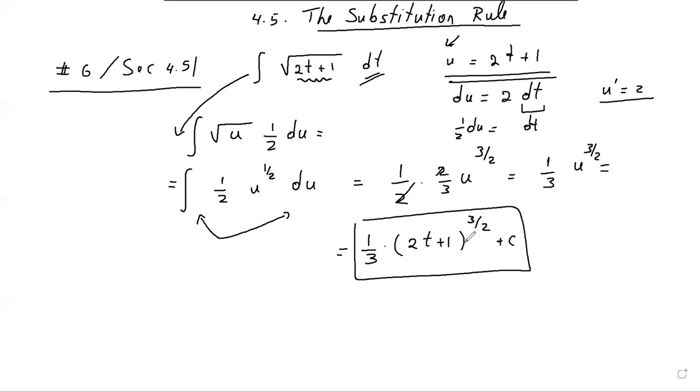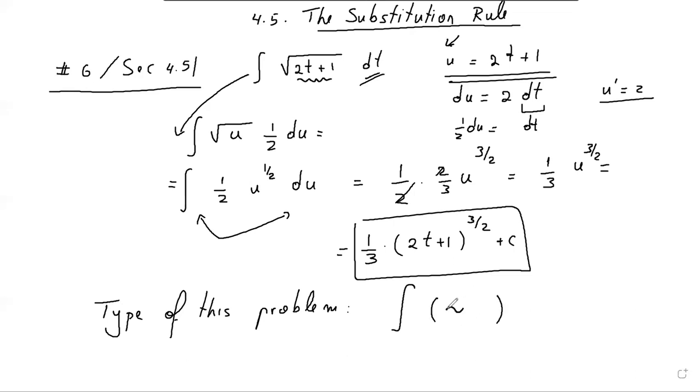All right, and now this being the necessary review, let's take a look at what happens here. So here's what happens, folks. We have a problem that is of the following form, the type of this problem. It's the antiderivative of something, some formula in x.